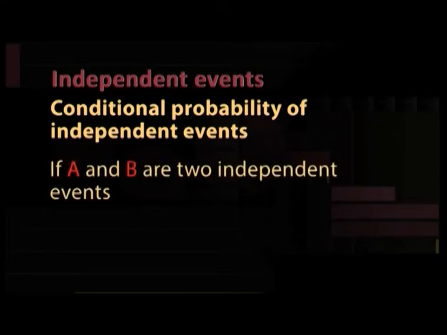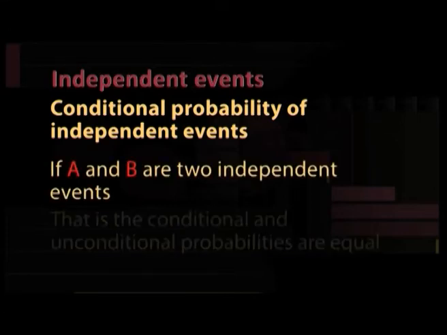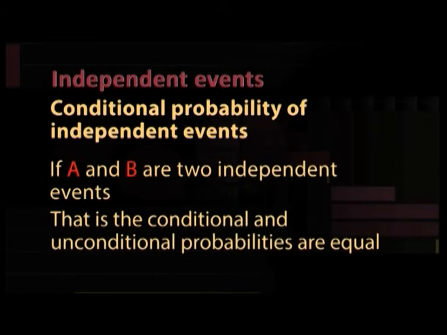If the two events are independent, then conditional probability and unconditional probabilities become equal. Therefore, probability of A given B is equal to probability of A, and probability of B given A is equal to probability of B. That is, outcome of one event does not influence the other event.